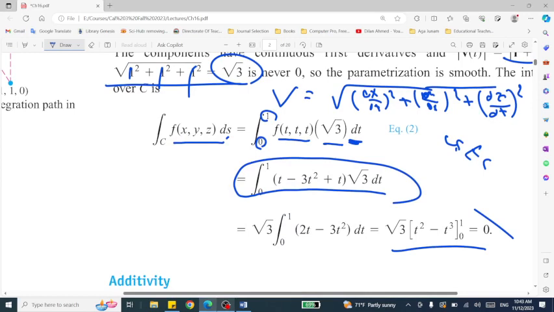Is that clear? Any question? Shall I repeat it? Exactly. You found a vector. You have an integral.